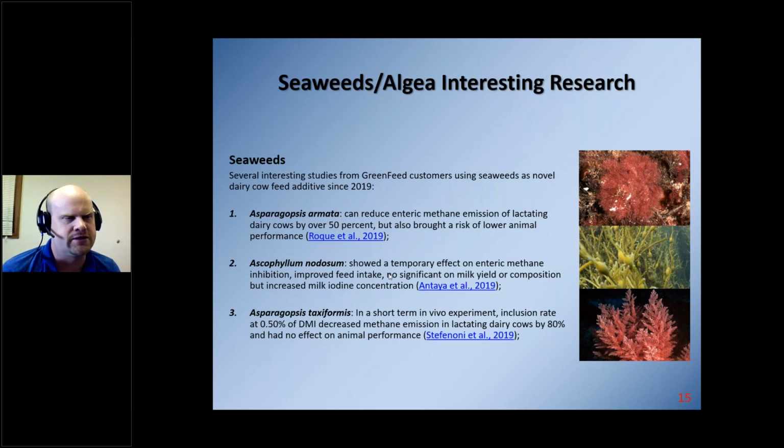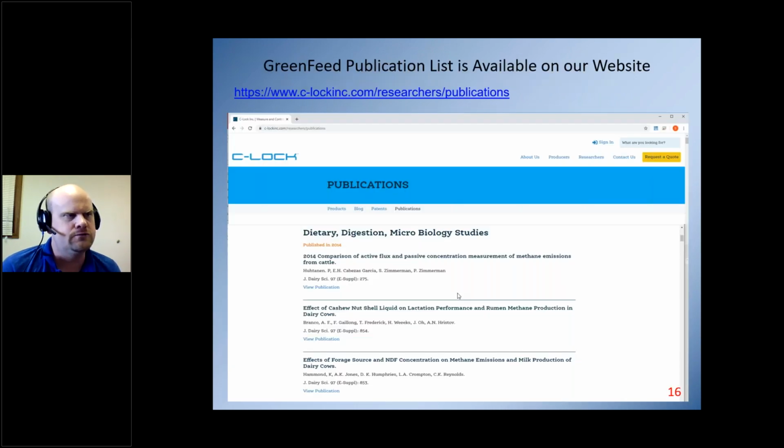And there's so many studies that we don't have time, unfortunately, to dive into all of the research. However, we do keep a list of publications up to date on our website. So if you want to go to our website and quickly find references that have produced results using GreenFeed, we try and keep the list up to date.